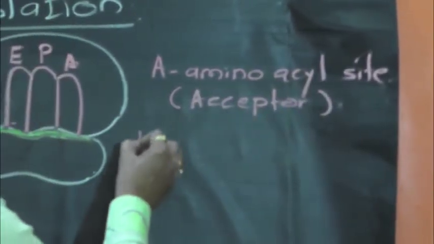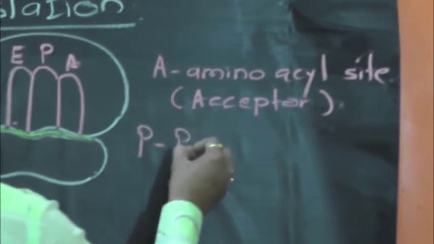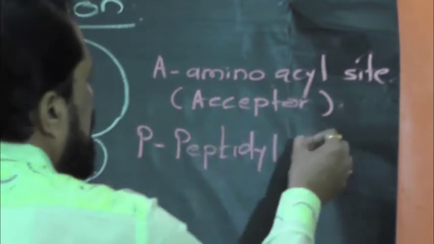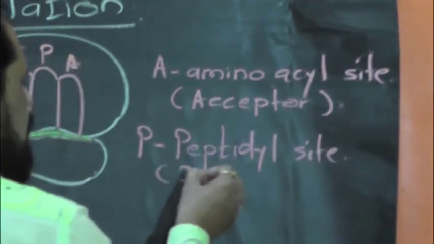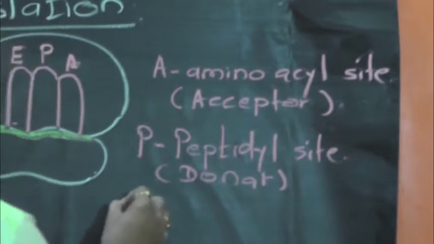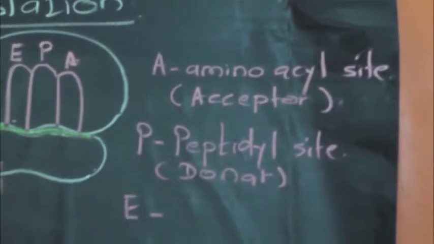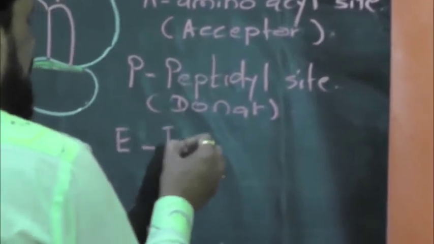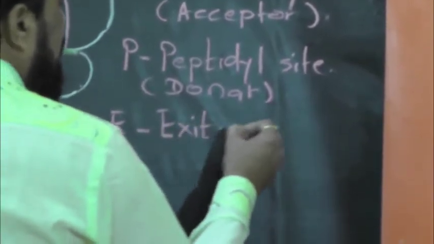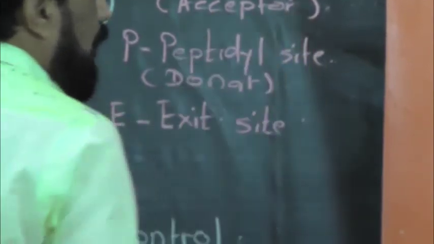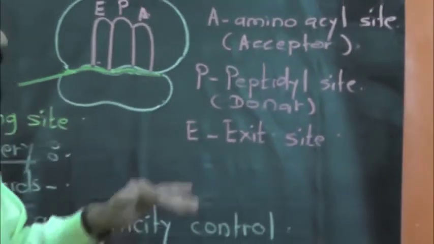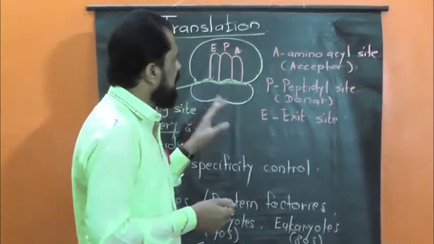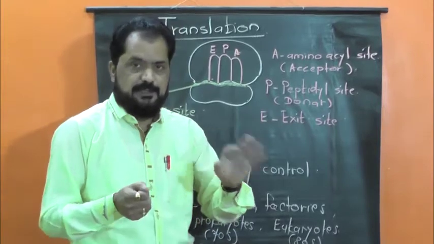P stands for peptidyl site, known as donor site. And E, recently discovered in the bacterium E. coli, stands for exit site. We are going to study the role of all these three sites very soon while studying the actual mechanism of translation.